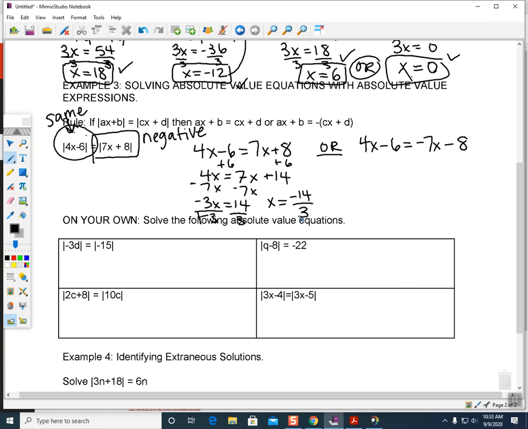Okay, I am going to leave it like this. I'm not going to do anything to it. This is my answer, negative 14 over 3. Leave it like that.